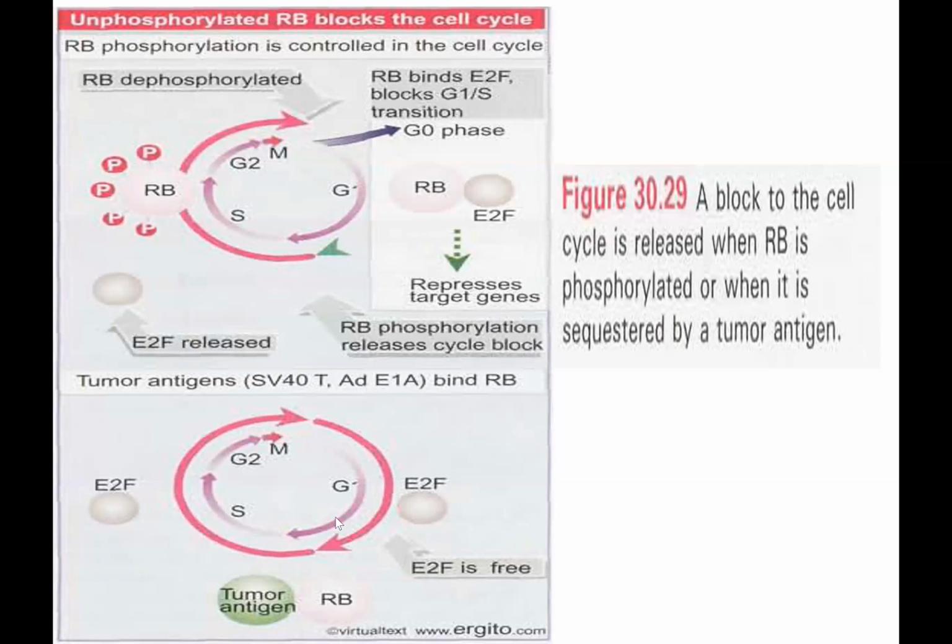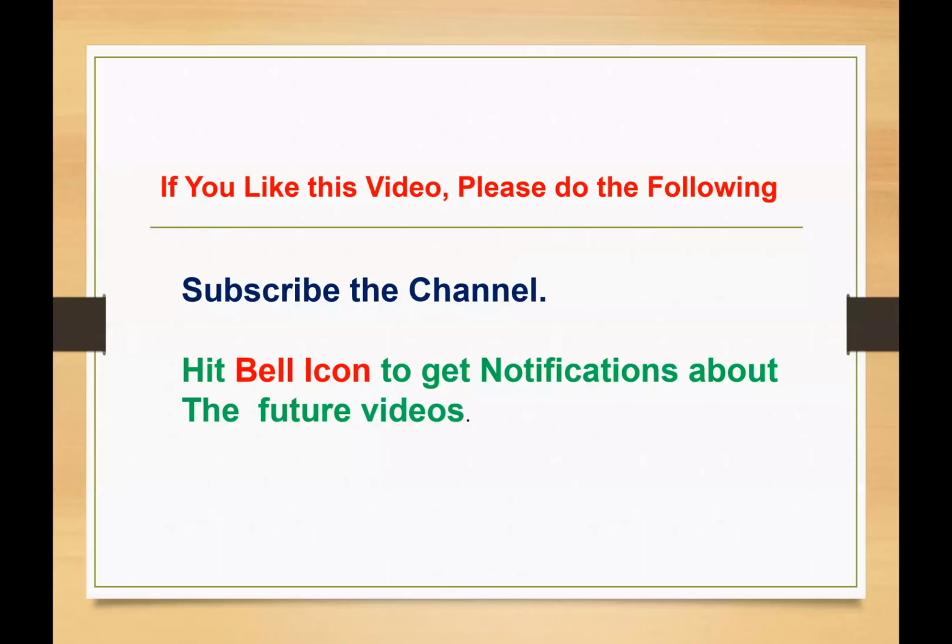And the same behavior was shown: when it binds to this factor, E2F is not free, and when this complex is broken, E2F is free and it allows the cell to divide. So both in vivo and in vitro experiments confirmed what RB does, and in absence of RB protein, what goes wrong.